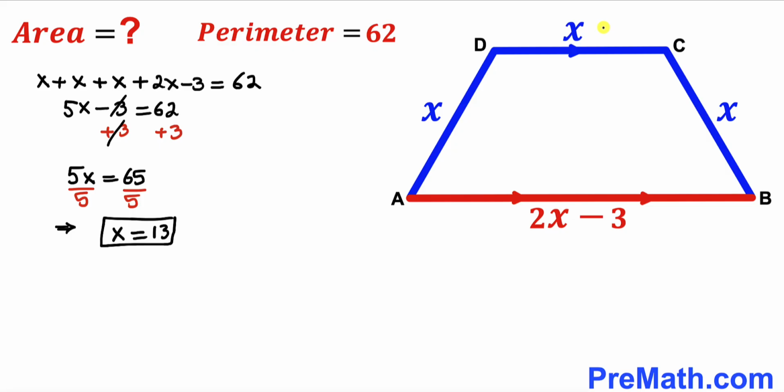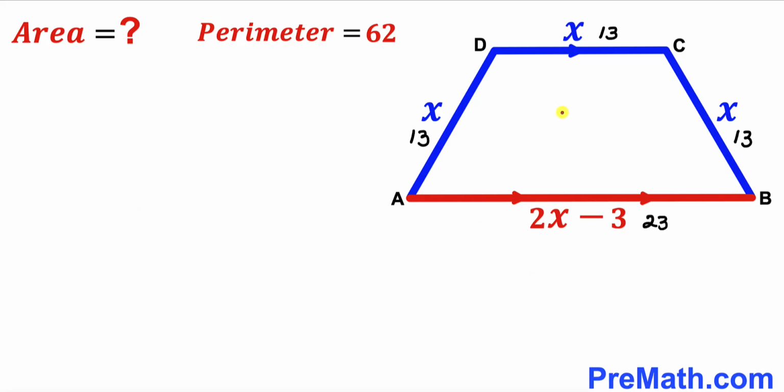So these side lengths are 13, 13, and 13. And for this base, 2x minus 3 is 2 times 13, which is 26, minus 3, which gives us 23 units.